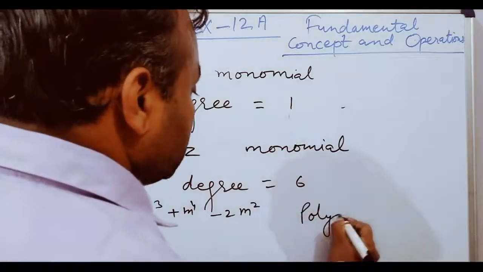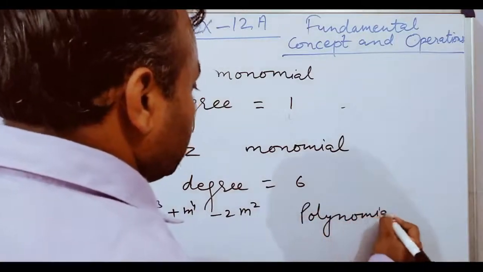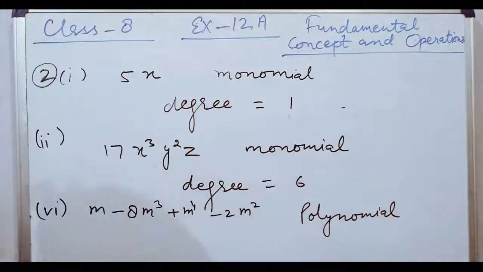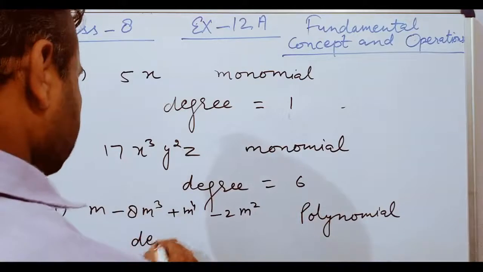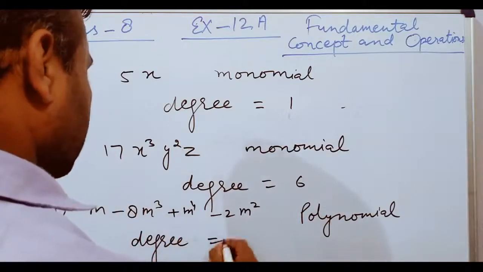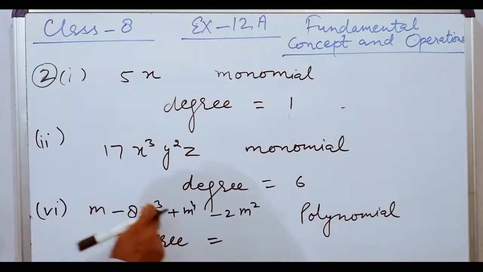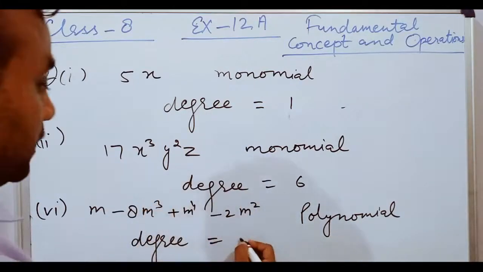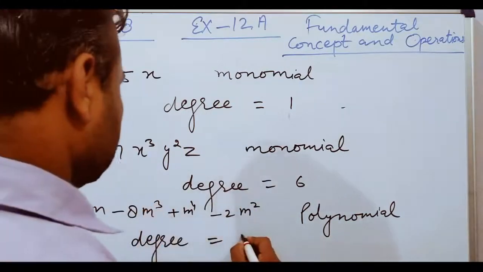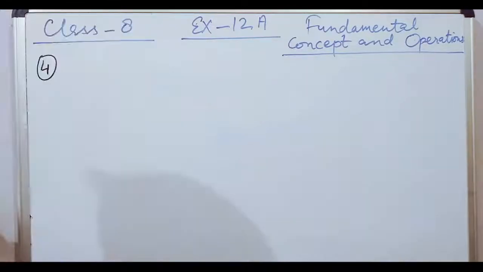It is polynomial, or we can say quadrinomial. It may be quadrinomial, but it is not in your syllabus. So it is polynomial, and degree equals the highest power. Which is the highest power? Here 1, here 3, here 4, here 2. Only 4. Now question number 4.